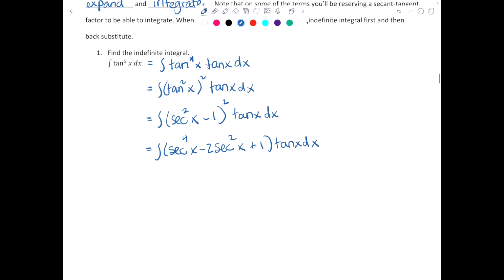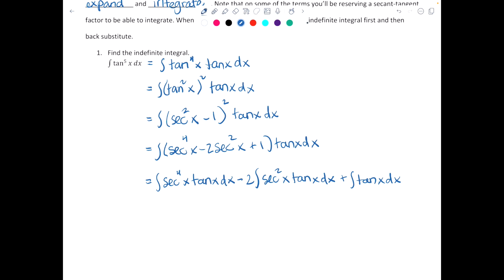Now we're going to multiply through tangent at x dx to each term and see what we have and split those integrals. So we'll have the integral of secant to the 4th at x times tangent at x dx minus 2 times the integral of secant squared at x times tangent at x dx, and then plus the integral of tangent at x dx.